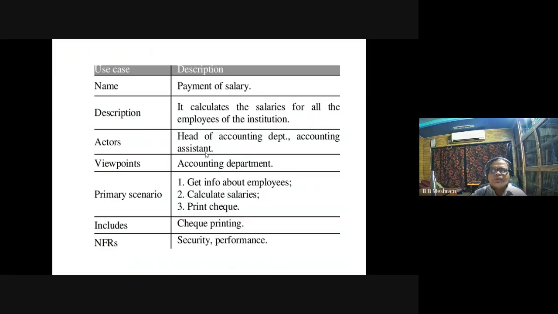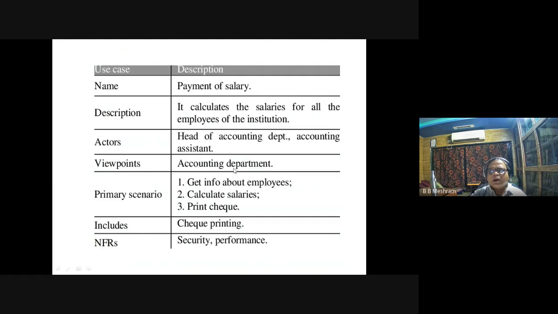So here, use case and description. Use case name is payment of salary. Description is it calculates the salaries for all the employees of the institution. Actor involved in this use case is head of accounting department or accounting assistant.